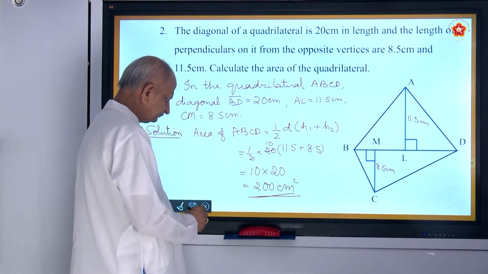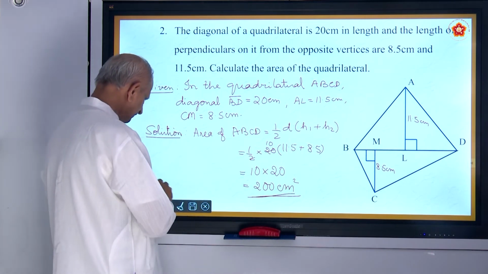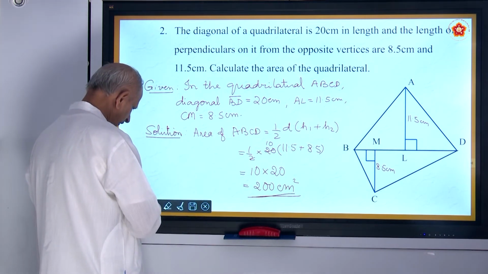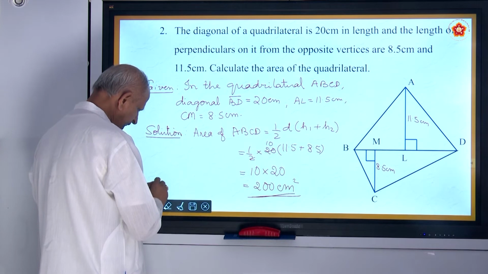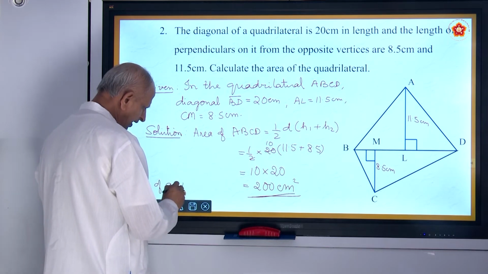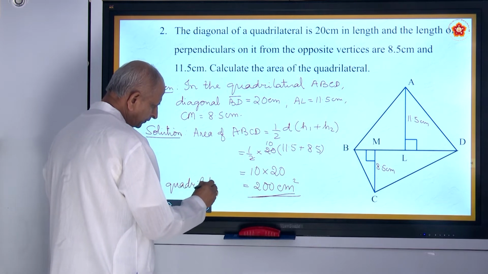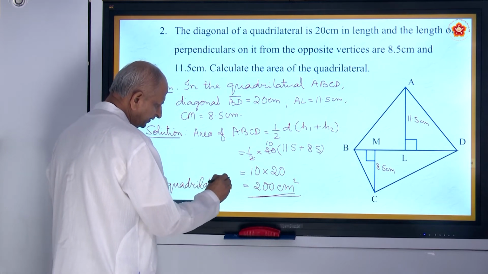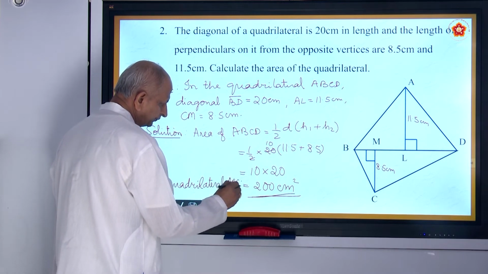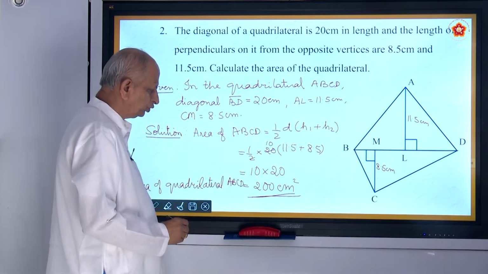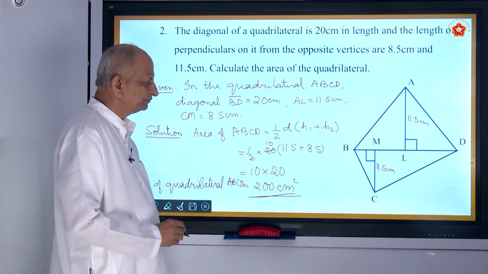That is the answer. So the answer is: area of quadrilateral ABCD is equal to 200 centimeter square.